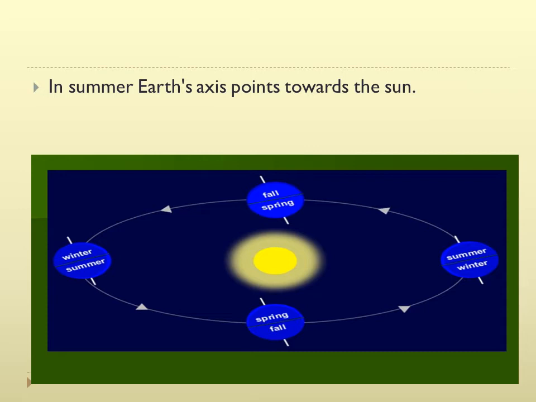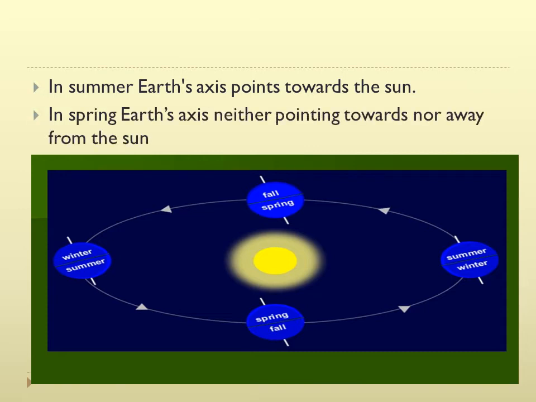But in winter, Earth's axis points away from the Sun. The same in spring, Earth's axis is neither pointing toward nor away from the Sun. So the revolution of Earth causes the four seasons.